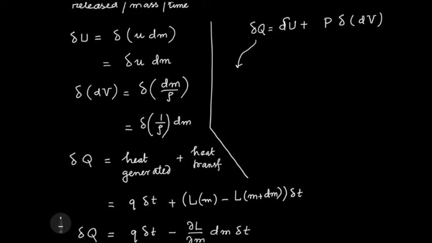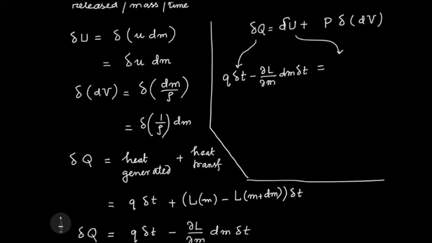Delta q is Q delta t minus del L del m dm delta t equals delta u, which is delta small u into dm, plus this is p delta of 1 by rho times dm.